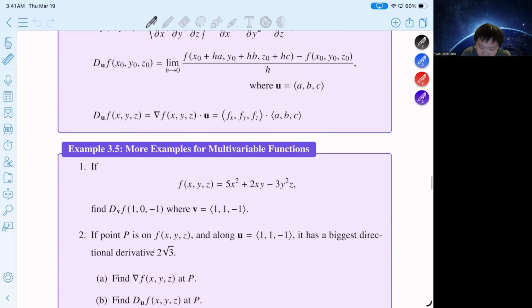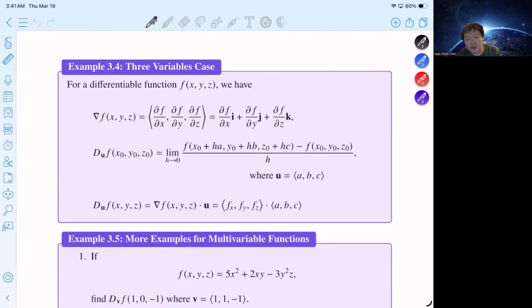Briefly, let's review. If f(x,y,z) is a differentiable function, then the gradient is still fx, fy, fz. The directional derivative is similar, so we have to change along three directions. Now u is (a, b, c), and be careful, u is a unit vector.